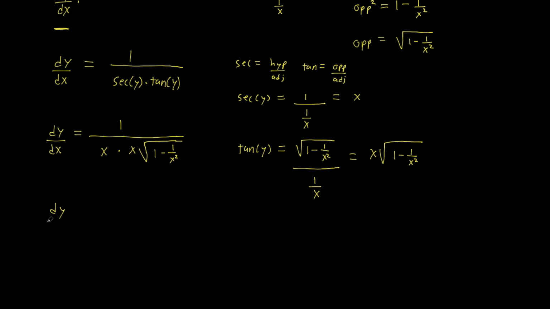So we have dy dx equals 1 over x squared times square root of 1 minus 1 over x squared. And since this is the last line, let's make that a little neater. 1 over x squared. And we are done.